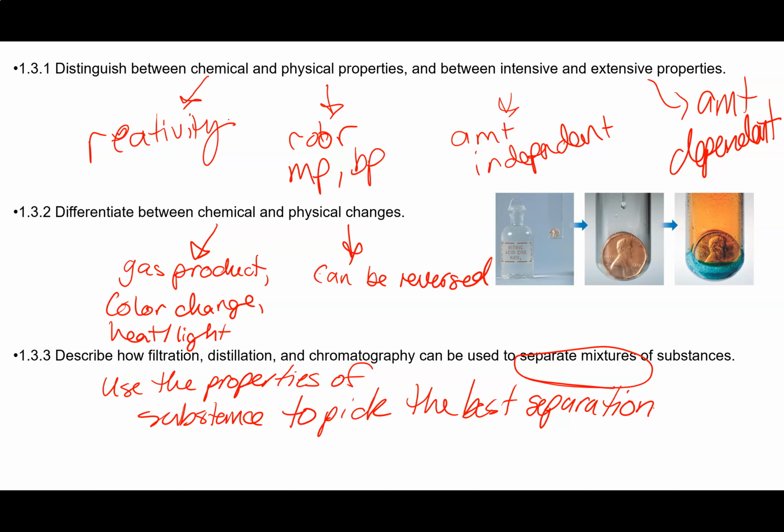If we're trying to separate two different liquids, maybe we choose distillation. Distillation is the process by which we can purify a liquid by exploiting its boiling point. Chromatography involves the movement of liquid using capillary action up a piece of paper or some other special paper in order to separate materials based on their molecular weight.